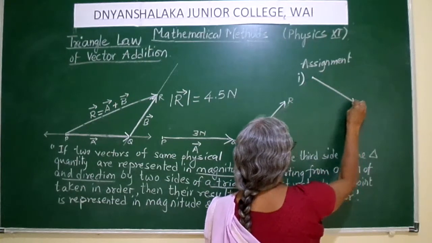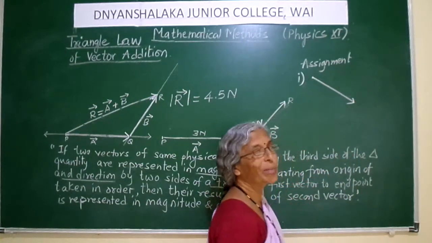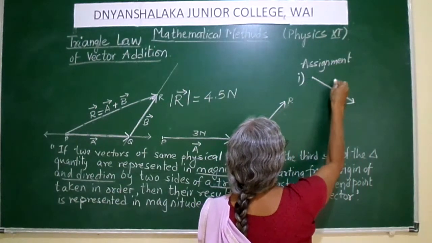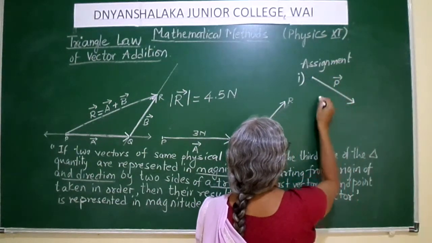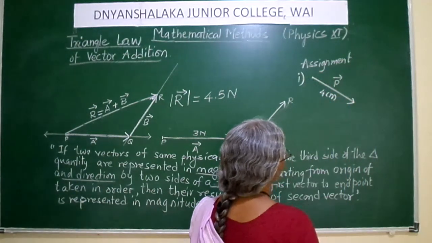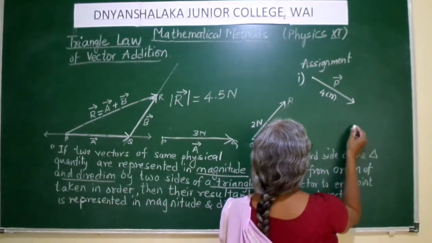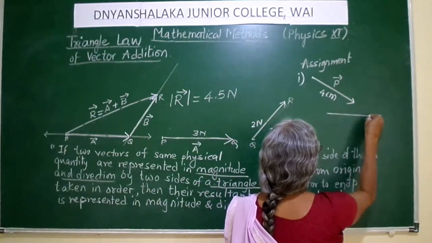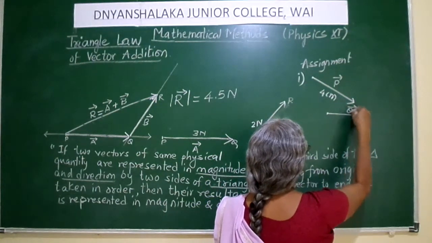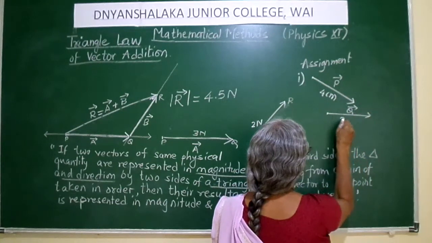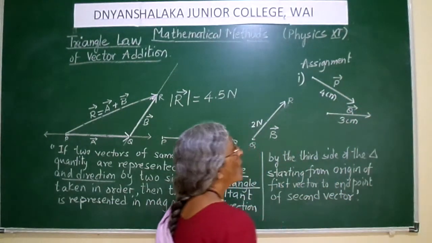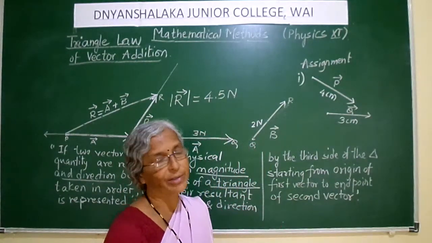Now I am giving you the magnitude in centimeters. It will be easy for you, isn't it? So I have this as vector P in this direction and its magnitude is 4 centimeters. And I am having vector Q in this direction, whose magnitude is 3 centimeters. Find the resultant of these two vectors.